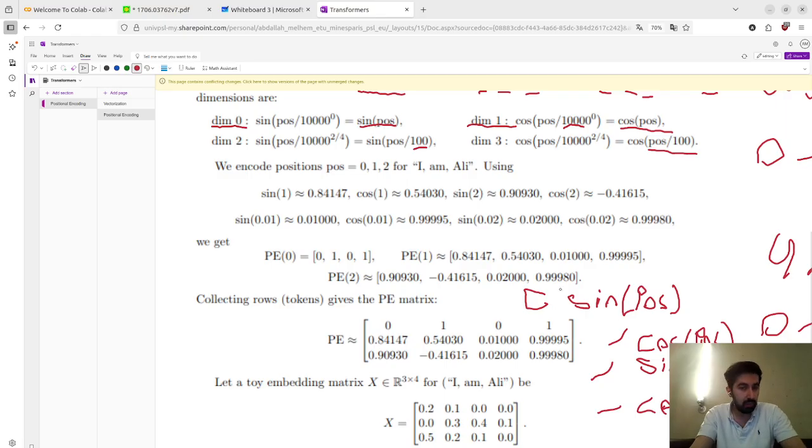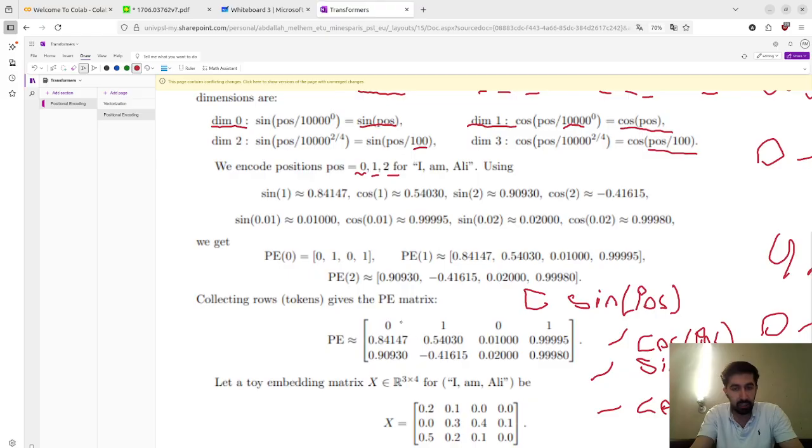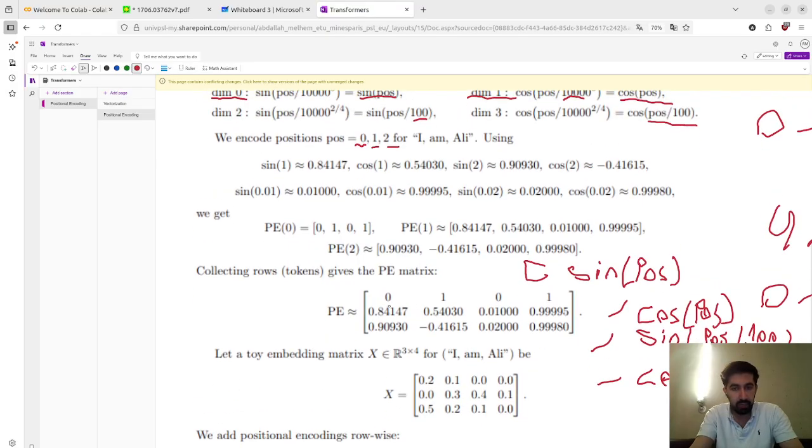Now we just substitute the positions. Here we have 3 positions. We have 0, 1, and 2. When position equals 0, you get 0, 1, 0. Just substitute 0 over here. Sine 0, cosine 0, here over 100, sine 0 and cosine 0. So we get 0, 1, 0, 1.